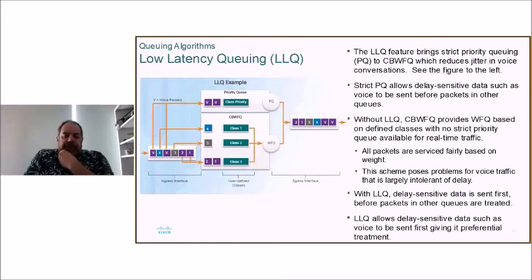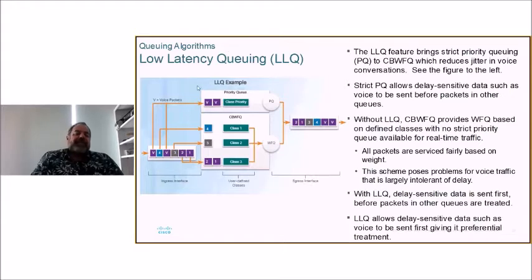Without LLQ, CBWFQ provides WFQ based on defined classes with no strict priority queue available for real-time traffic. All packets are serviced fairly based on the weight. This system poses problems to voice traffic that is largely intolerant to delay. With LLQ, delay-sensitive data is sent first before packets in other queues are treated, giving it preferential treatment.